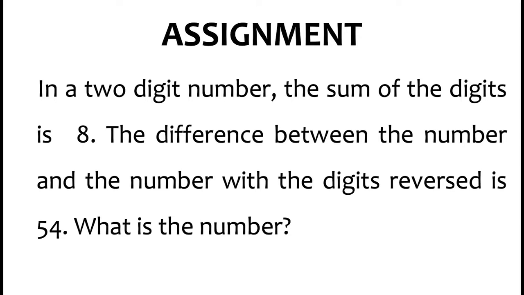What is the number? I repeat the assignment. In a 2-digit number, the sum of the digits is 8. The difference between the number and the number with the digits reversed is 54. What is the number?